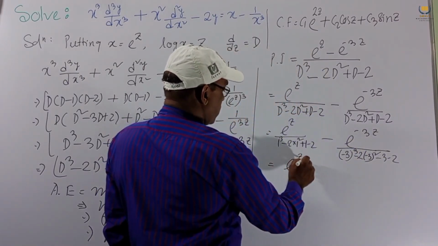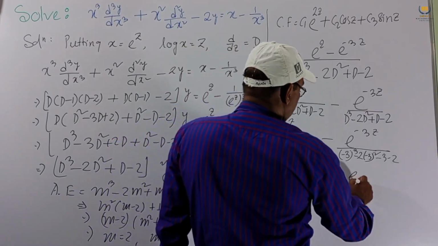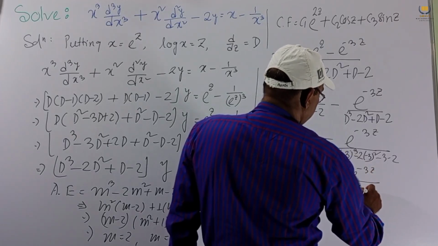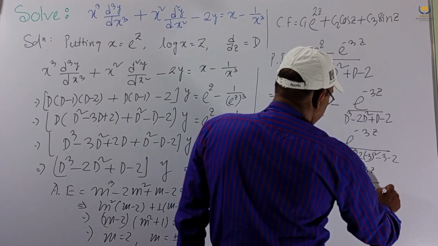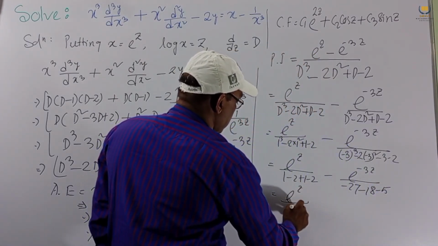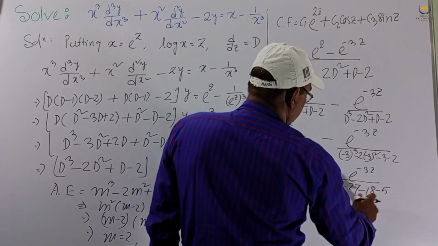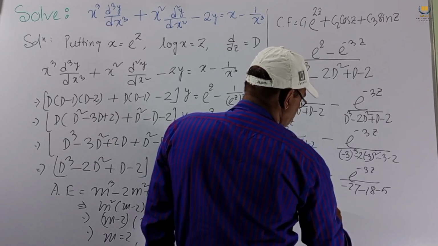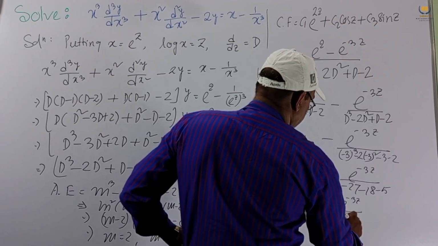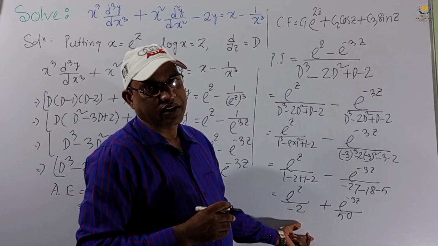So this will be e to the power z by (1 minus 2 plus 1 minus 2), and e to the power minus 3z by (minus 27 minus 18 minus 3 minus 2), which is minus 50. So we get minus 1 by 2 e to the power z plus 1 by 50 e to the power minus 3z. This is our particular integral.